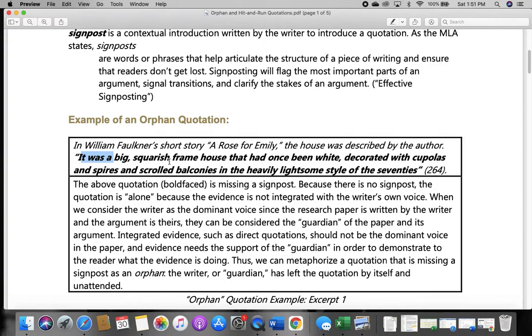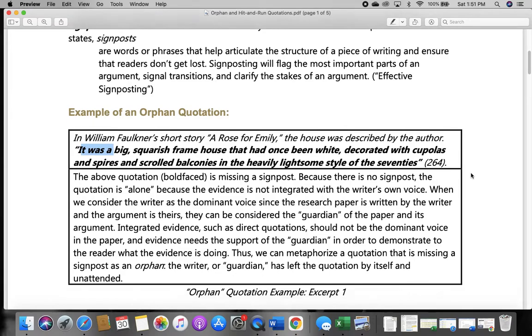No. Does "was" have to be there? No. Does "a" have to be there? No. These are very minor words that have nothing to do with describing what Emily Grierson's house looks like. So I don't need those words, because we just need the bit of the quotation, and the shorter the better, because that's going to help your dumb reader grasp on to what you're saying more quickly and more easily. They're going to get their grapples on it.